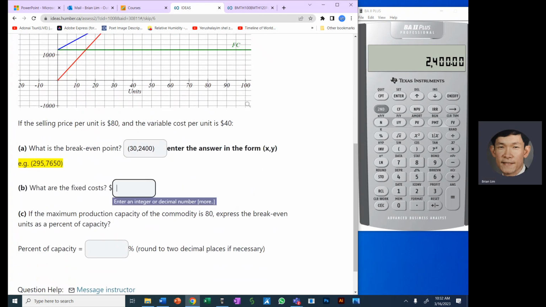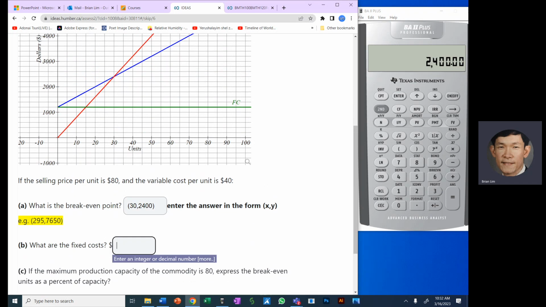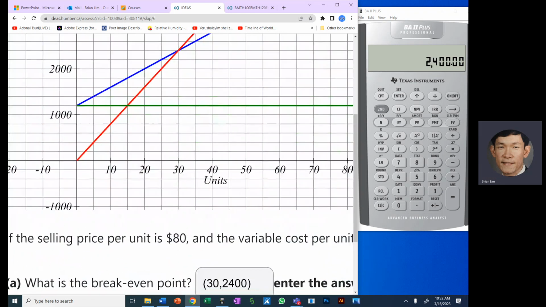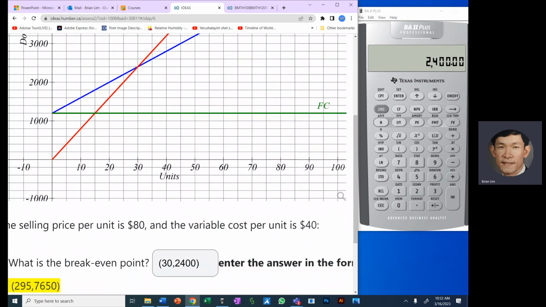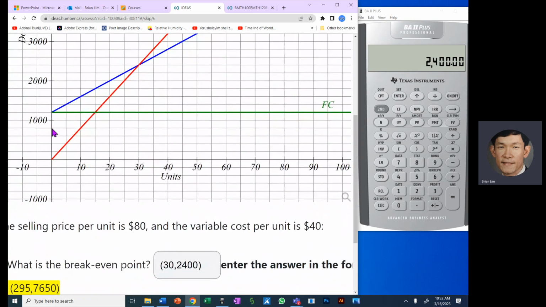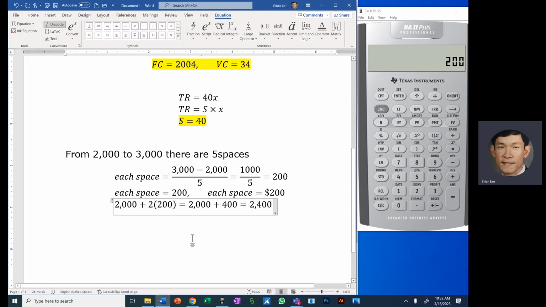All right, good. So next one, what are the fixed costs? Well, the fixed costs, we can read it right here. All right, that green line. And looks like it's one space off from here. So we can safely say we take 1,000, sorry, and we add 200 because 200 for each space as was seen in here.